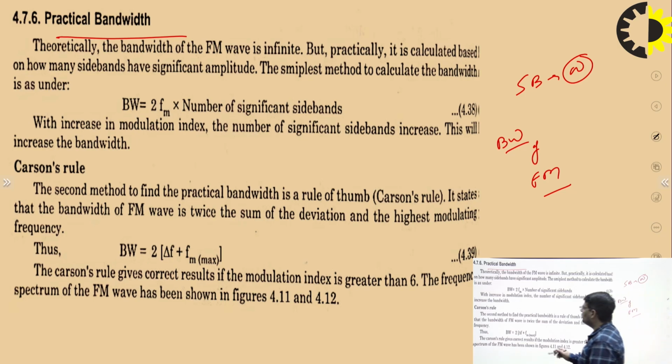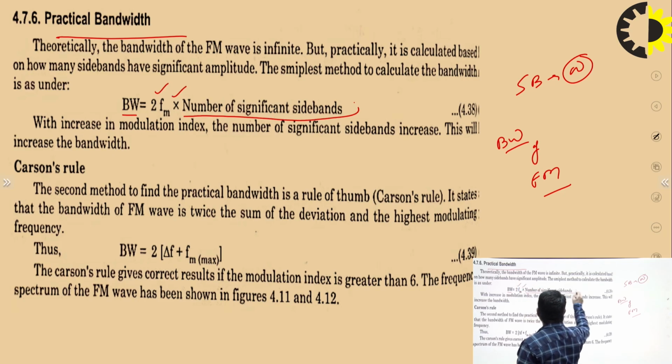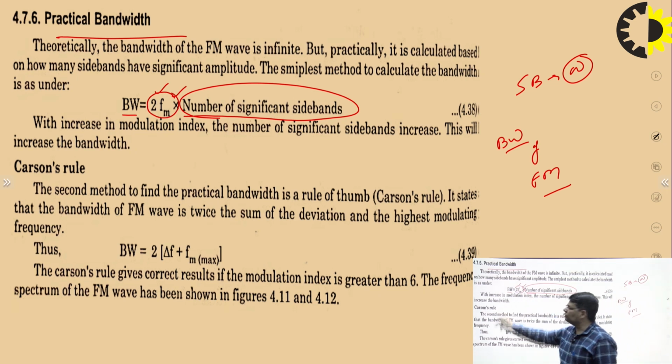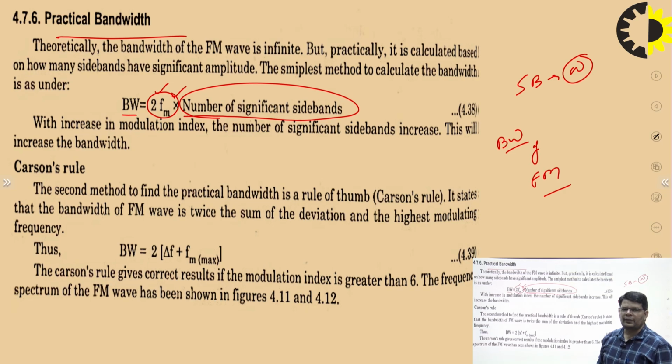So, the formula for the bandwidth of FM is twice FM into the number of significant sidebands. If we consider one sideband, then the bandwidth will be equal to AM, that is 2 FM, and depending upon the significant number of sidebands, the bandwidth can be calculated.